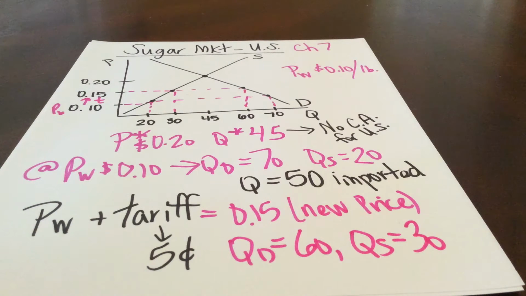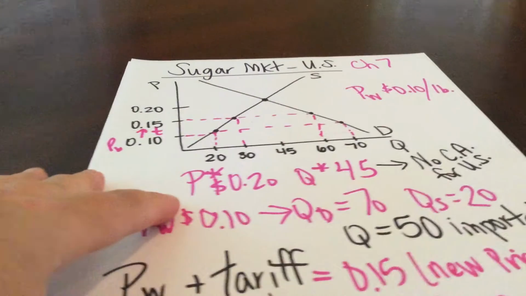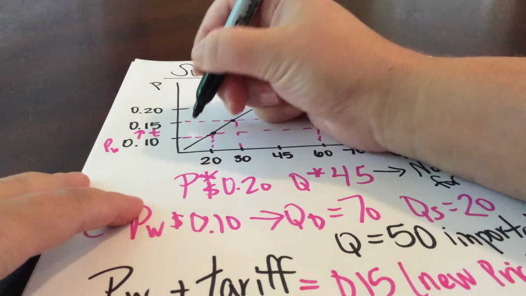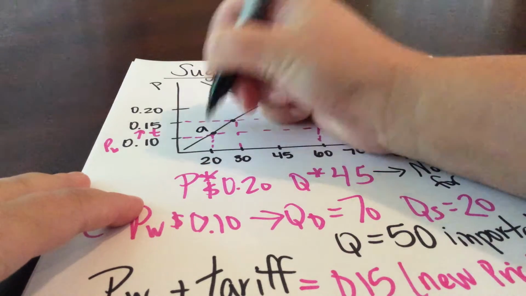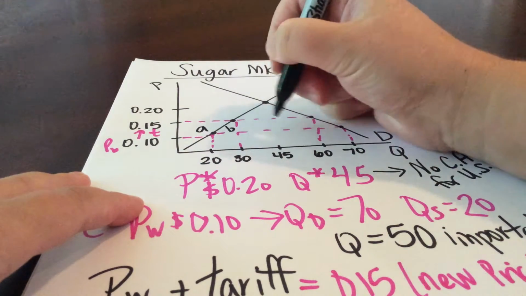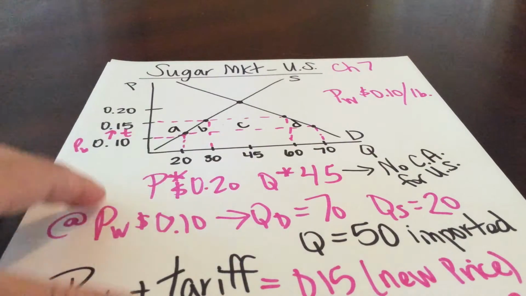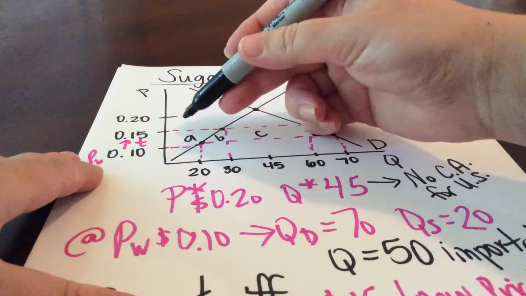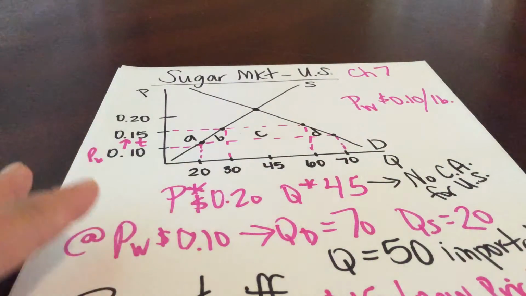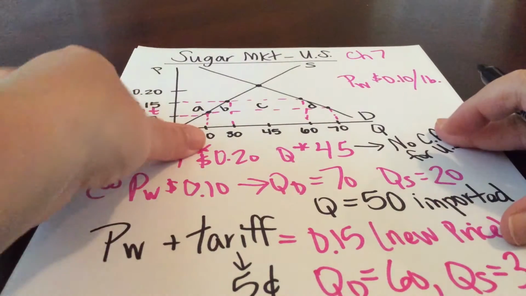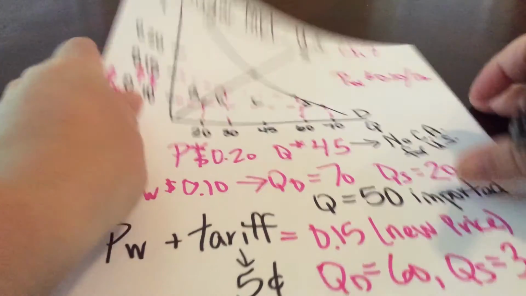In terms of our graph, we can see some areas here that will illustrate what's been lost. I'm going to label these A, B, C, and D. This larger area of A, B, C, D, all of those added together, that's our loss of consumer surplus.